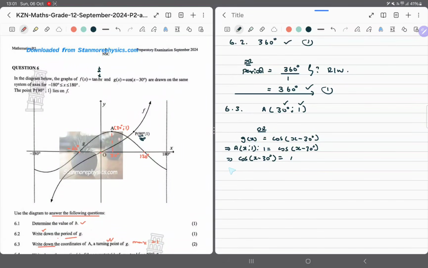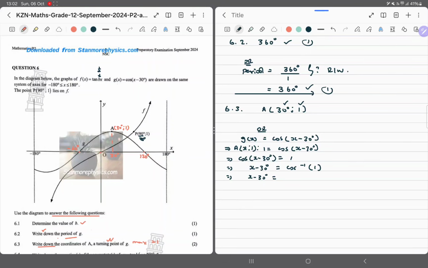Then this implies that x minus 30 degrees is equal to arc cos of 1. Now what is arc cos of 1? Arc cos of 1 is 0.